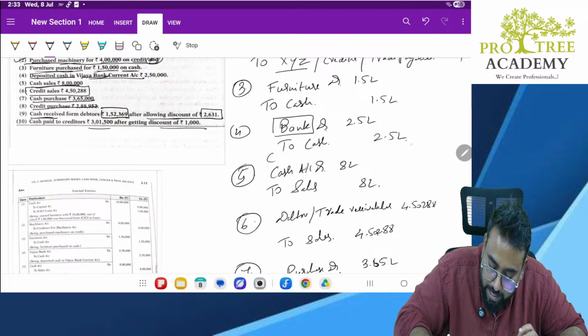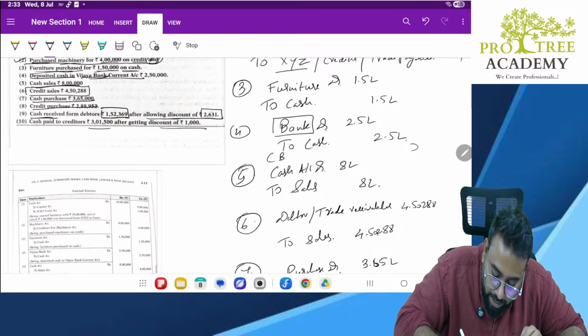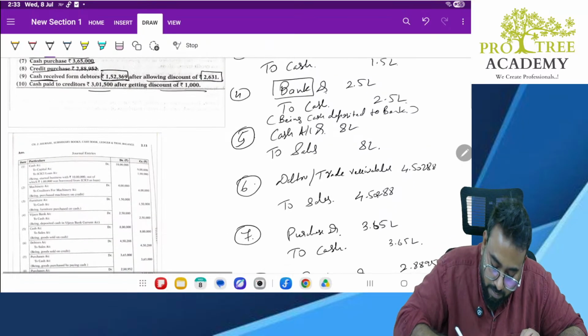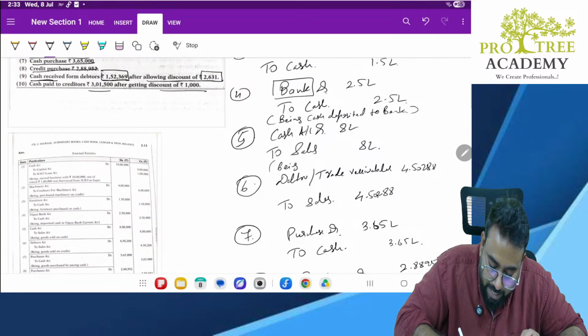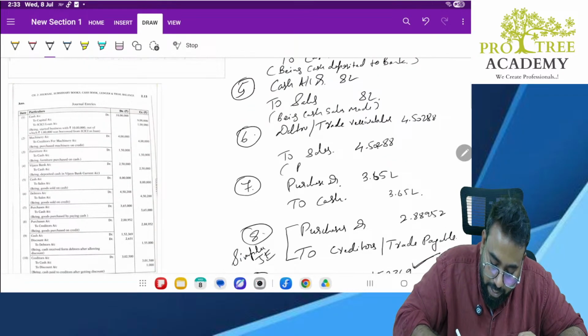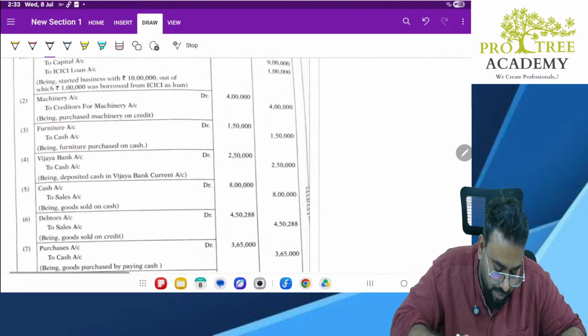After every journal entry, below it you should put a bracket and write down: being cash deposited to bank, being cash sales made, being credit sales made. Simple. So those are called narration.